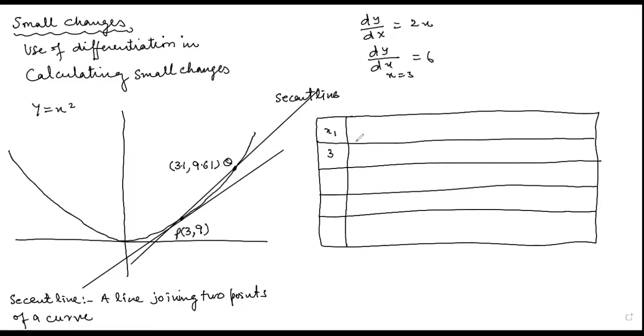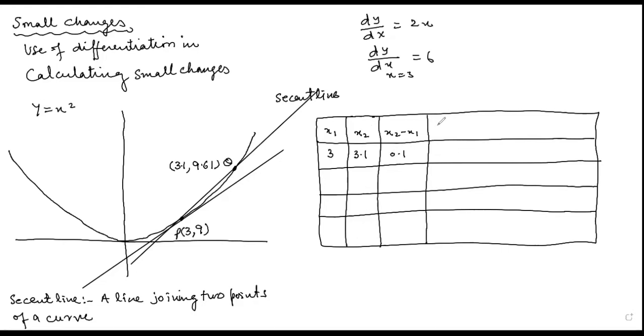And we will take point Q as x2, y2. x2 is 3.1. x2 minus x1, change in x, is 0.1.